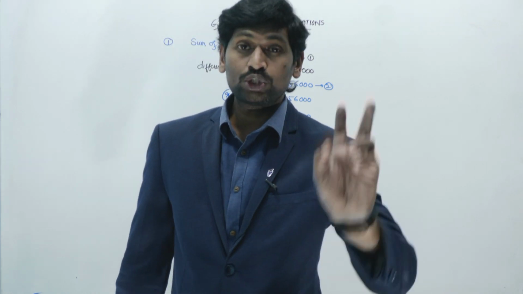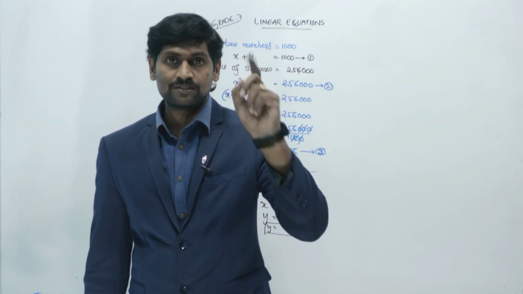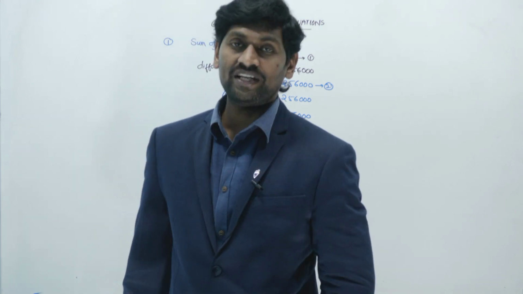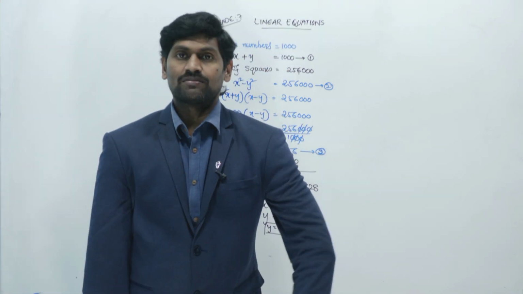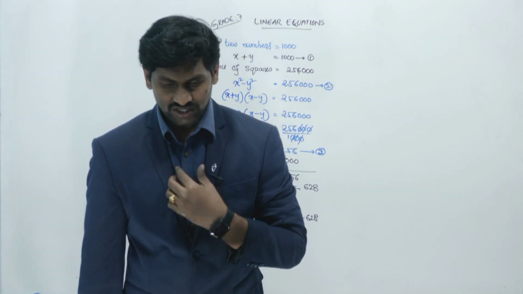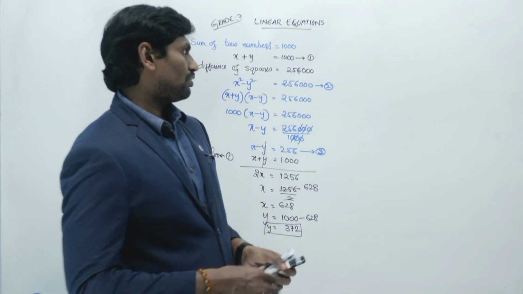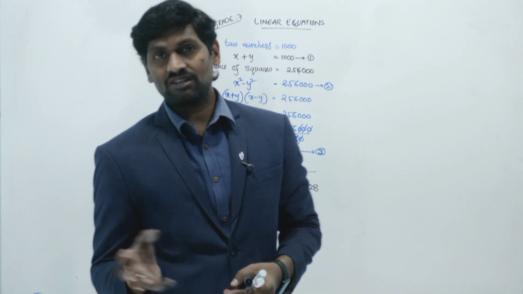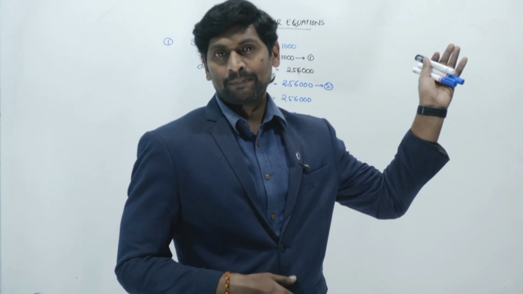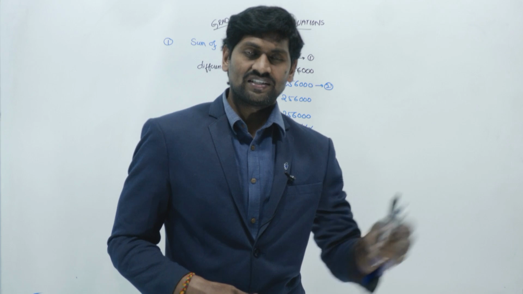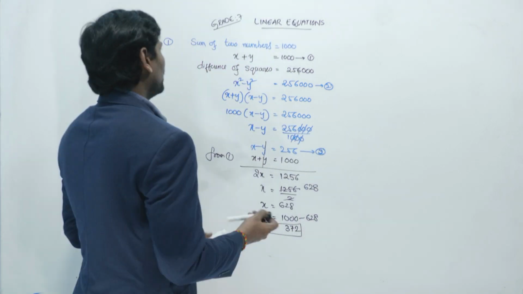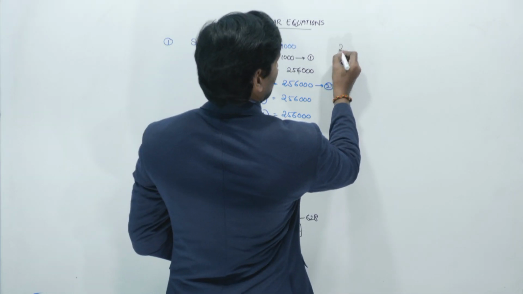Here there are two quantities. The first quantity is pen and the second one is pencil. Two unknown things, nothing but pens and pencils. Okay, here 59 pens, 47 pencils. So let us take them using the variables x and y. I am taking pen as x and pencil as y. Or you can use any letters or any alphabet also.